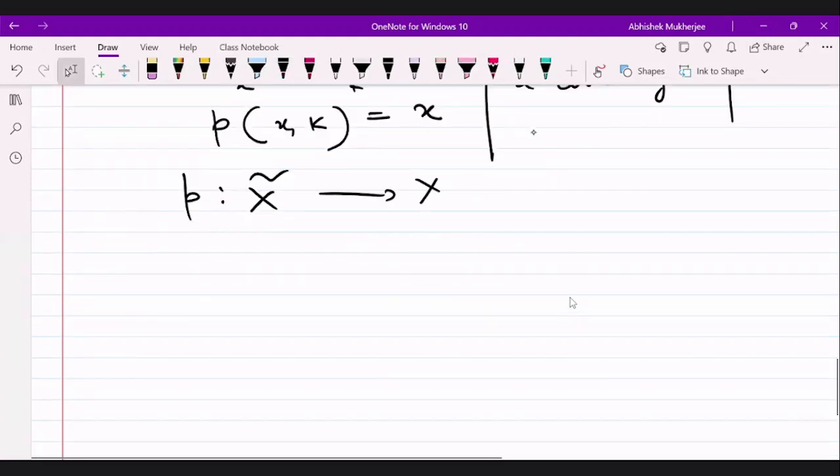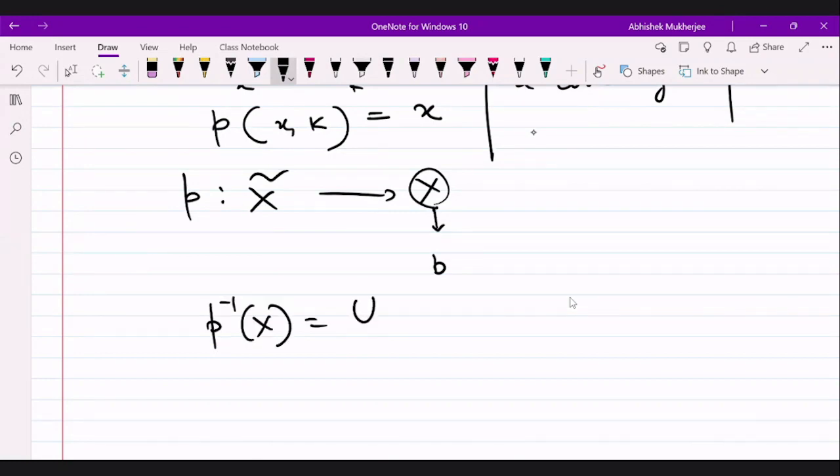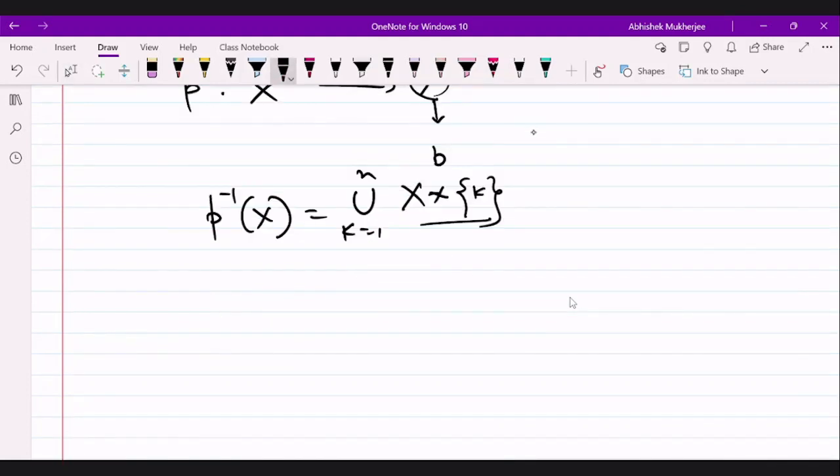So for each point, suppose you take any b, it will have the neighborhood X itself, so that p inverse of X must be the union of these. You can check. And certainly, if you look at this space, it is obviously homeomorphic to X via p. Great.